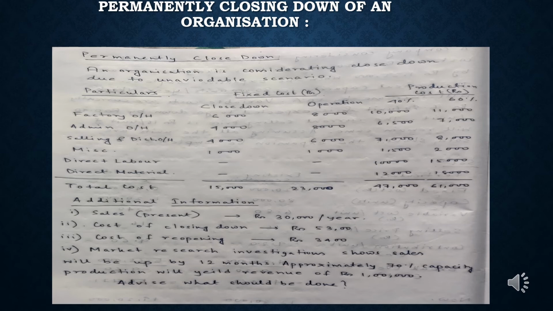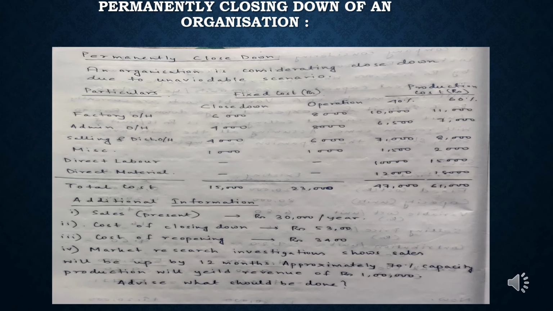The additional information given to us is that the present year sales are 30,000 per year. The cost of closing down has an additional figure of 5,300. The cost of reopening has an additional figure of 3,400.